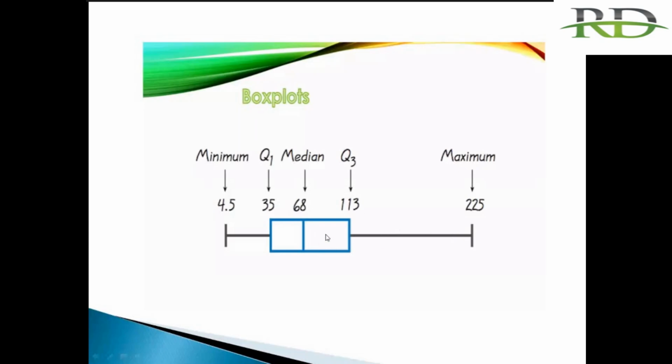And this is the quartile deviation, Q3 minus Q1. If any point lies 1.5 times the quartile deviation from this, then it is supposed to be an outlier. And if it is 3 times distant from this point, then it is known as an extreme observation.